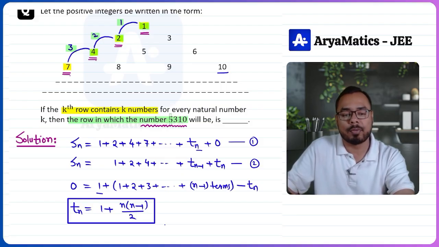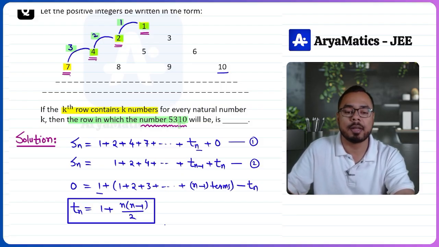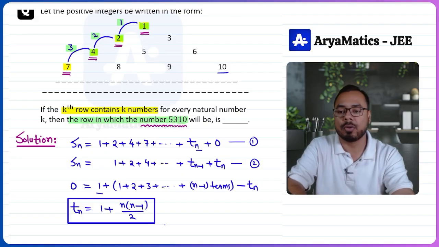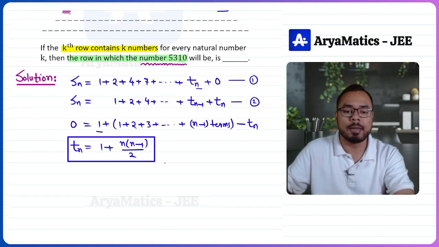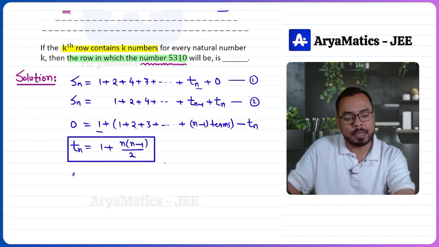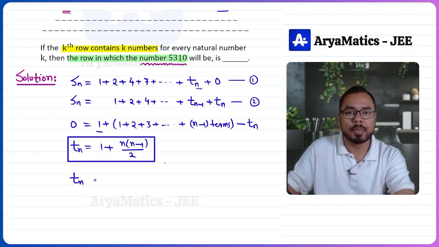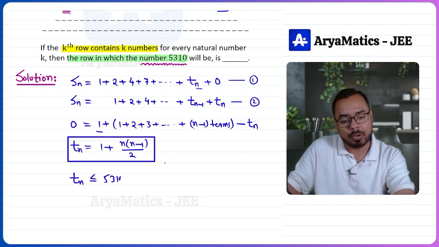Now the question is, we have to identify the row which will contain 5310. So basically, if the nth row contains 5310, then this is the inequality that we have to solve. That 5310 should be greater than or equal to Tn, and this should be less than Tn plus 1.